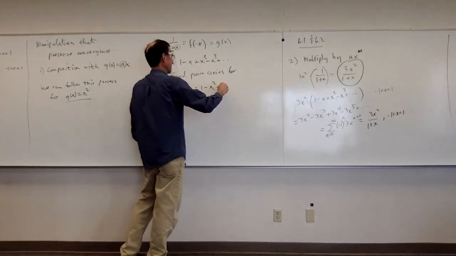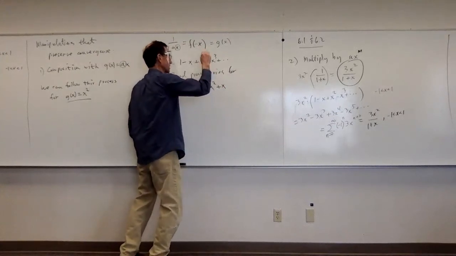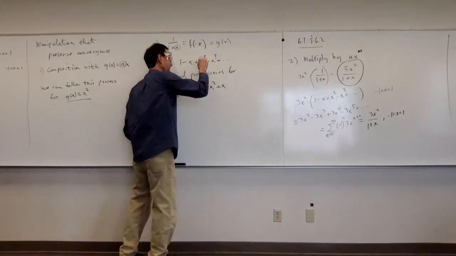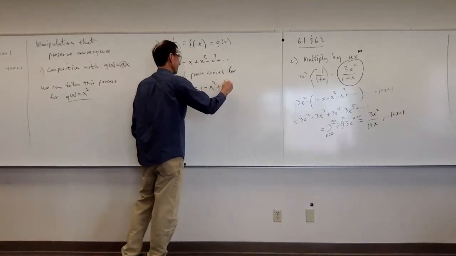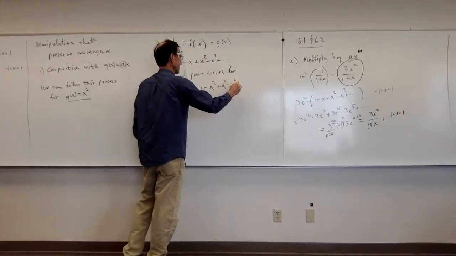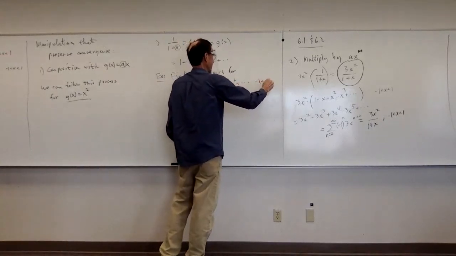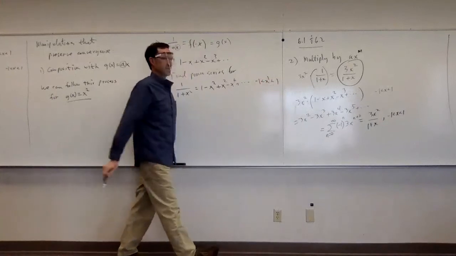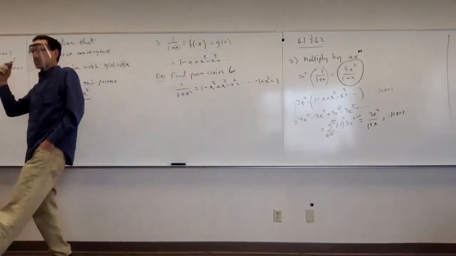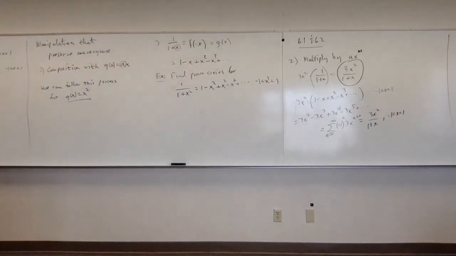And then I get an x to the 4th, x squared squared. We're plugging in x squared for all the x's, minus x to the 6th. And that's going to be good as long as the thing that I'm plugging in is between -1 and 1, because I'm starting with a series that has that condition on it.